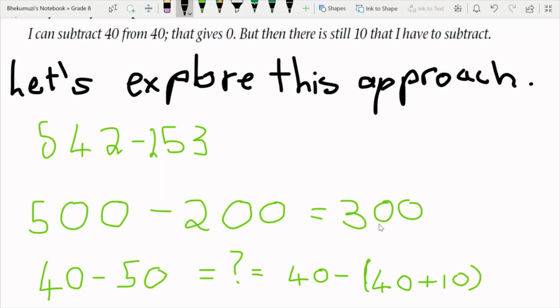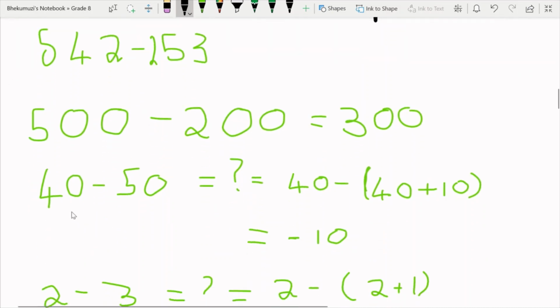That's quite clear. And then we look at 40 minus 50, and you can actually separate 50 into two numbers, because you know that 40 plus 10 does give us 50. So it's 40 plus 10 that gives us 50. But why did we separate it into 40 plus 10? We needed to find a number that is going to subtract the other 40 that is ahead, right?